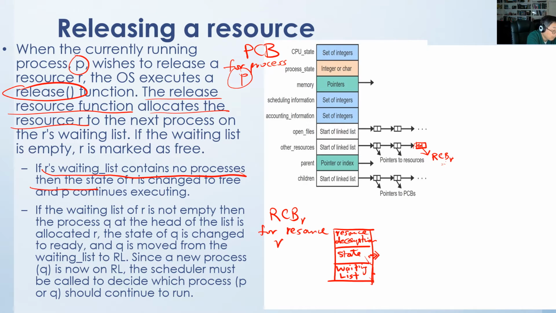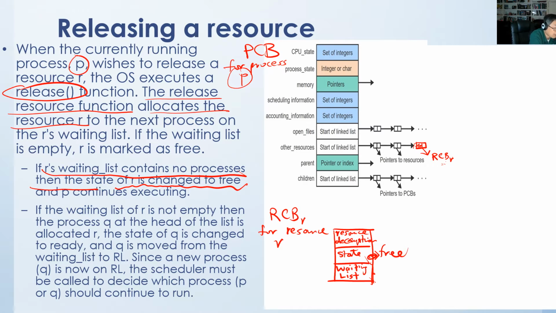But there's no other process waiting for the resource R. So if P decides to release the resource R, then the state of R is changed to free, and P continues to execute.